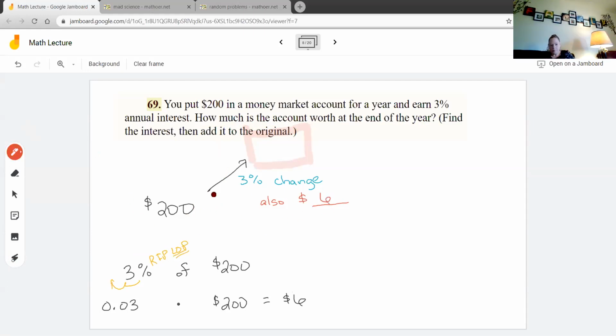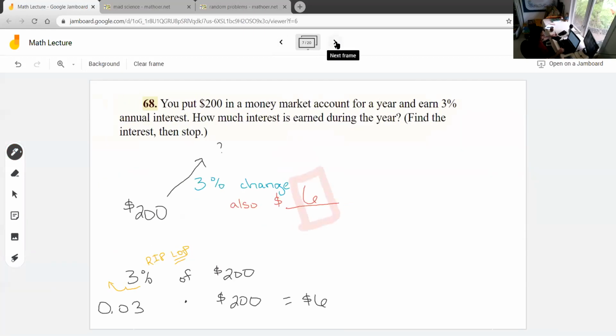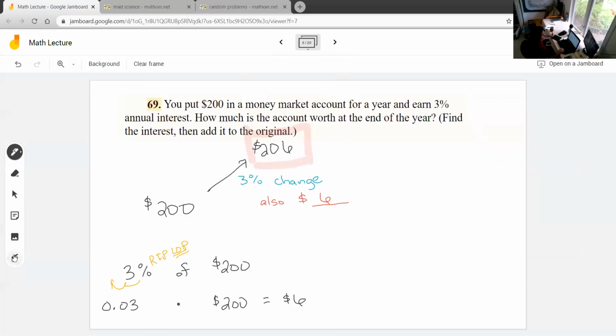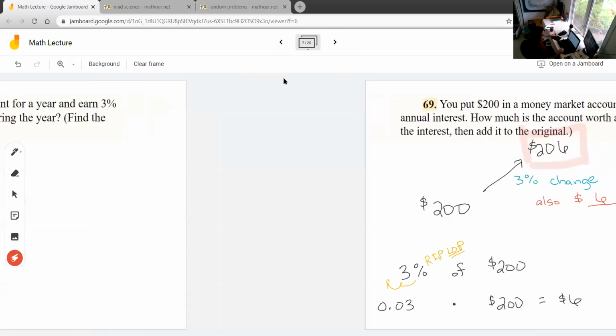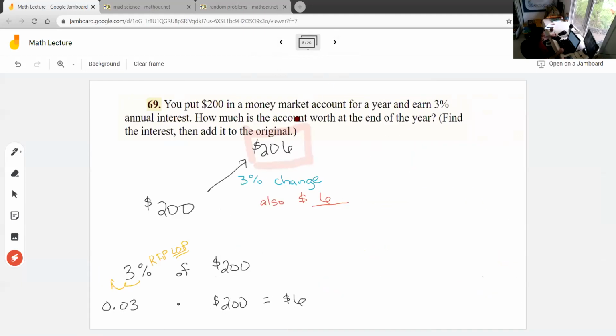We have to take this $6 of going up and put it on the 200, and we get the 206. So it's exactly the same math. It's just how it is worded: are they asking only for how much the interest is, or is it asking what is the total worth of the account at the end? So be aware of that.